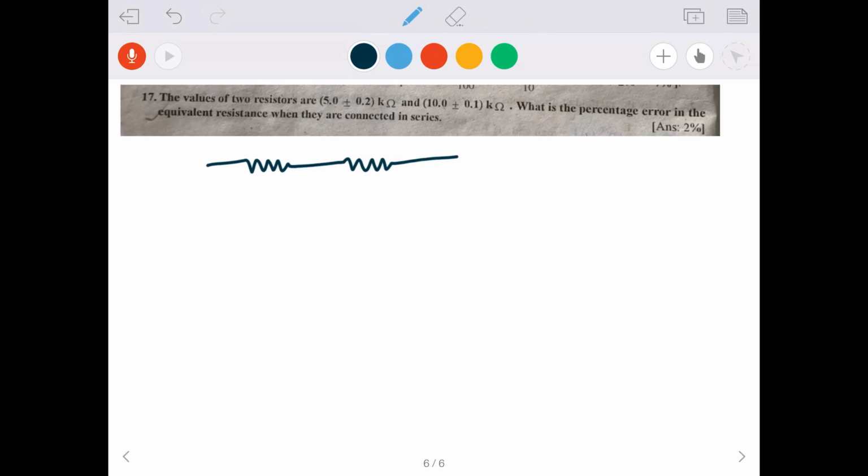The first resistor is 5.0 plus or minus 0.2, and the second resistor is 10.0 plus or minus 0.1. Plus or minus means the variation, that means it is an absolute error.